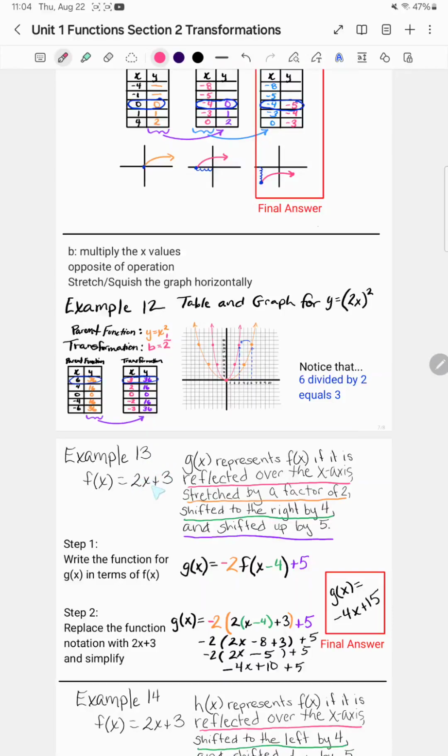So we have 2x plus 3 here. Okay, here with the x, I'm going to put parentheses to show where we're doing things.